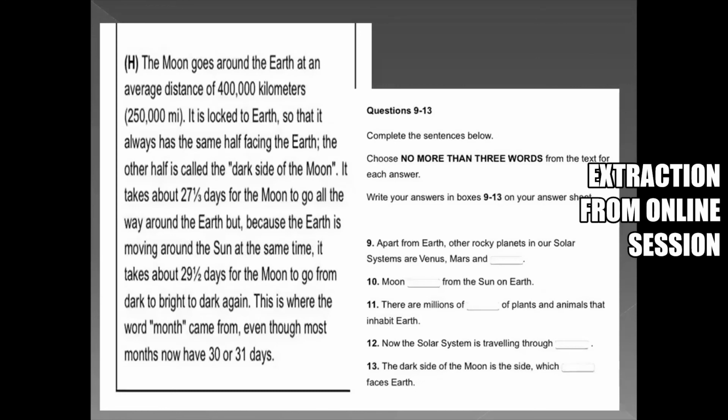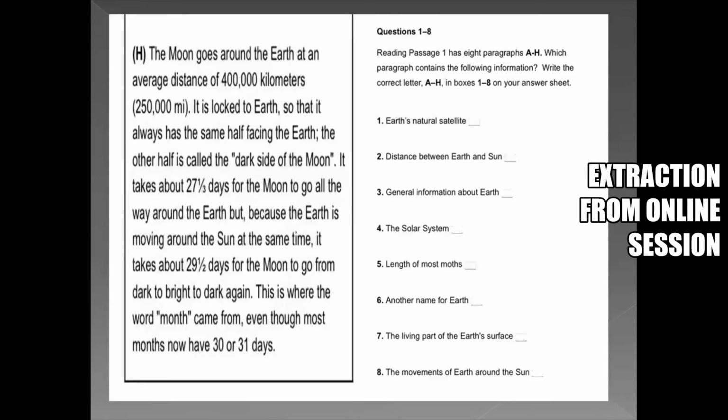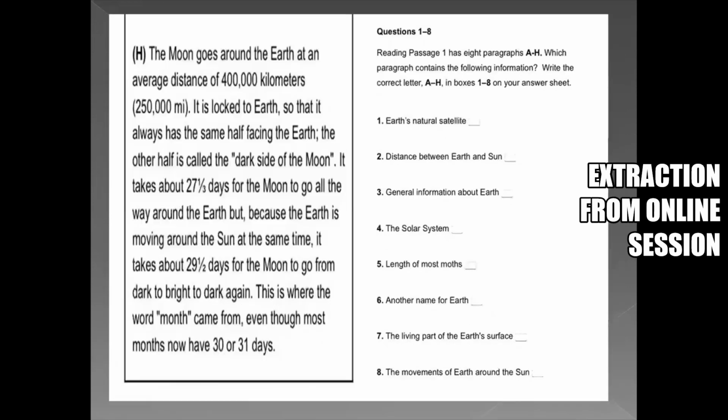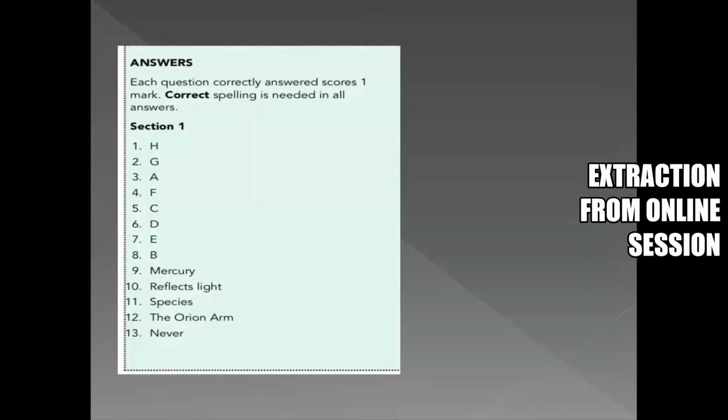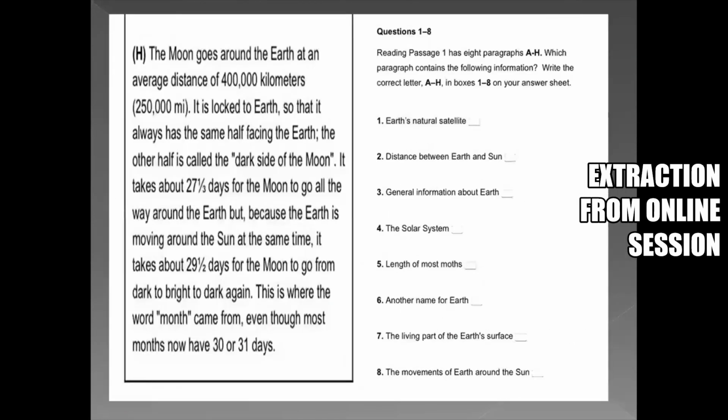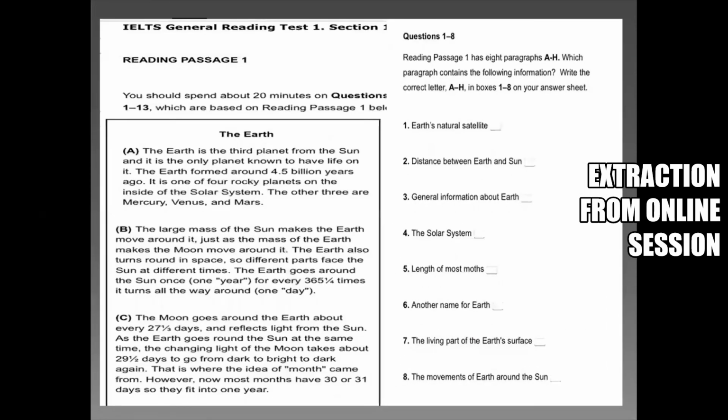Yes. 4 is F. F is the solar system. Yes, it's clear. 5 is C. The length of most months. 5 is C. Verified.